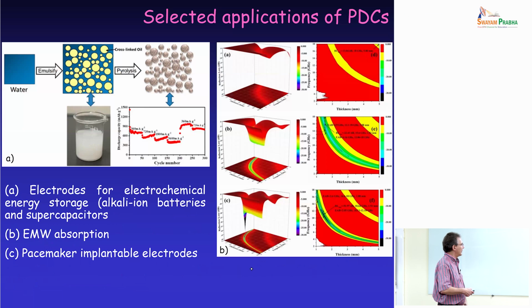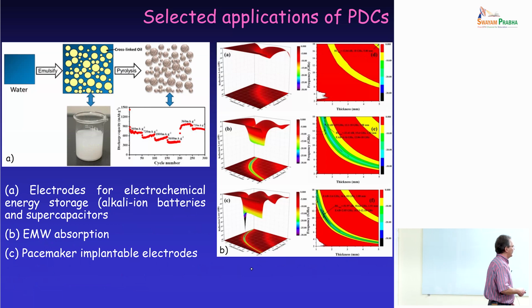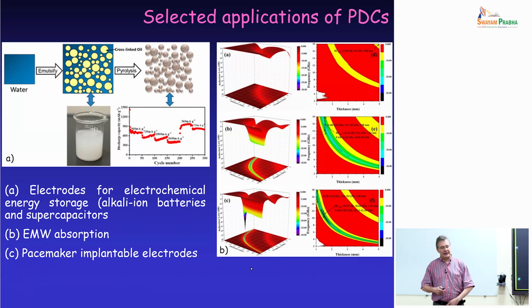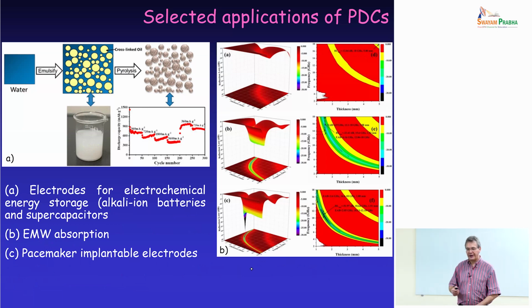This is some of the work that we are doing in collaboration with other colleagues on electromagnetic wave absorption. And people have also looked at using silicon carbonitride coatings for protecting pacemaker electrodes.